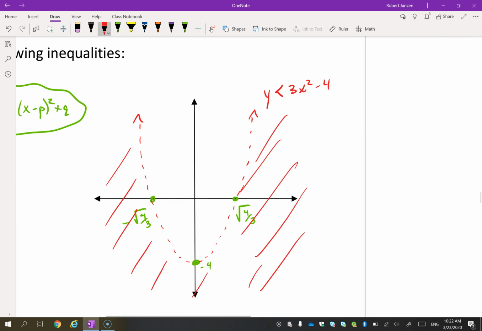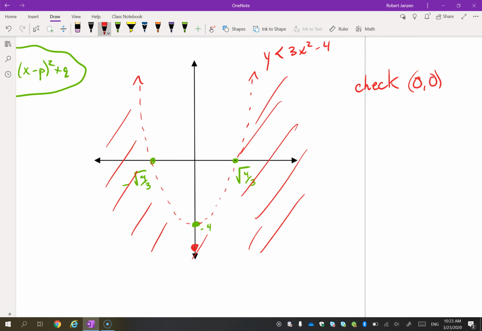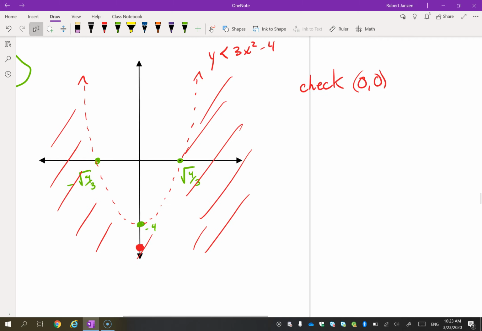And then I'm going to check just to be sure. Again, I like checking the point 0, 0. But you can see 0, 0 is not in my solution. So maybe I'm going to pick a point that is in my solution. Let's pick this one down here. Let's pick 0, -5. Because that's in my solution where I have it shaded right now.